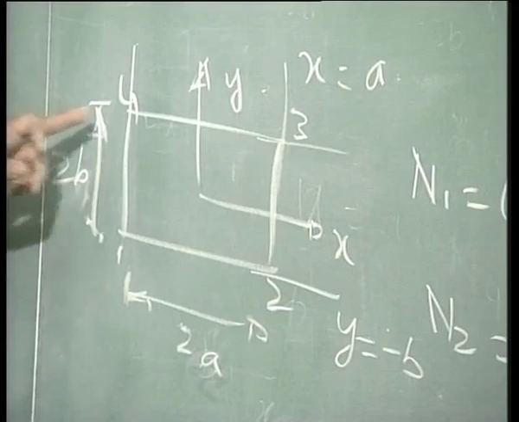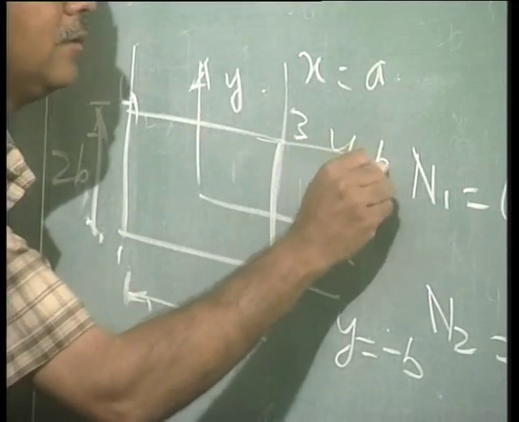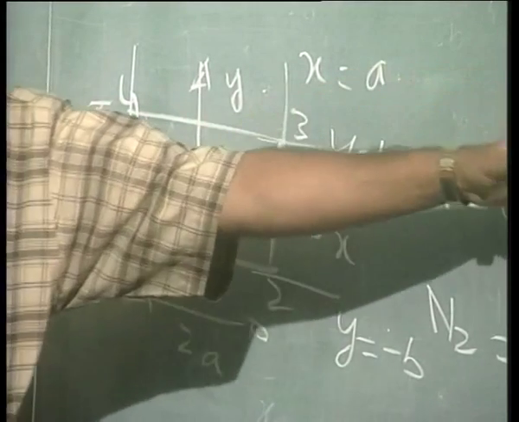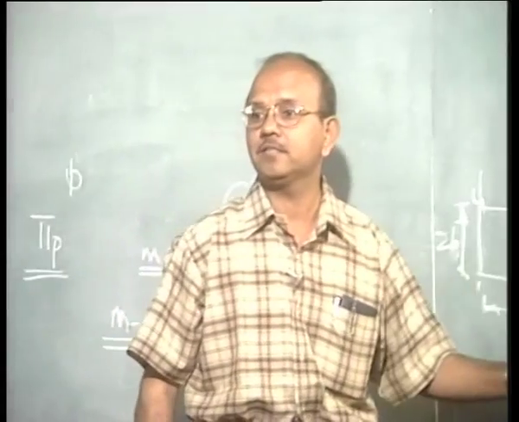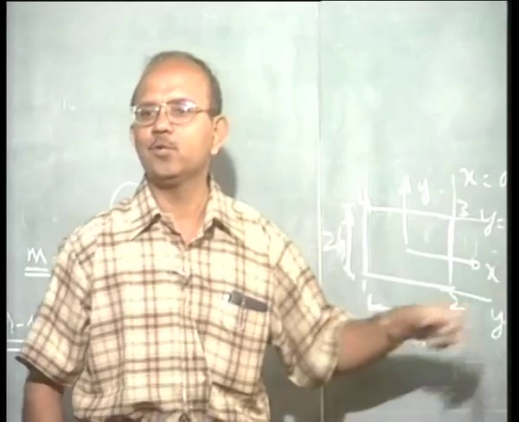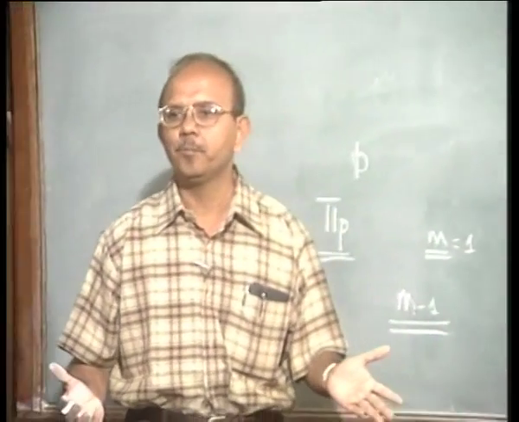What's this line? y is equal to b, and x is equal to a. So if my equation involves these 2 lines, then obviously all other nodes would go to 0, period.